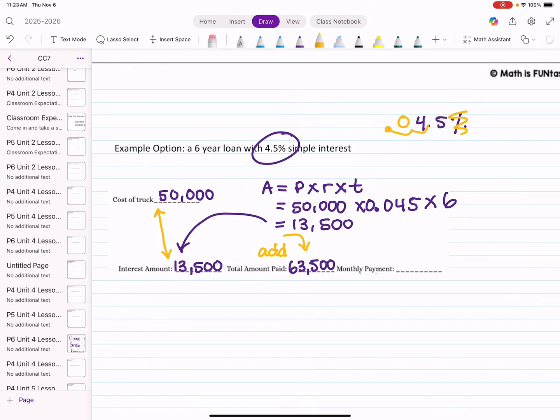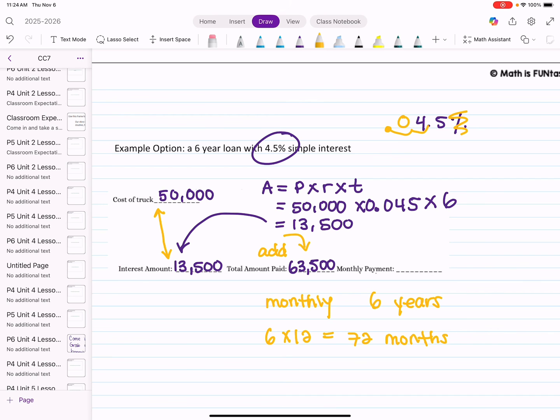To find the monthly payment, I first have to find out, well, how much time? So they told me 6 years. But since we're talking about months, I need to figure out how many months are in 6 years. So I have to do 6 times 12. If I do 6 times 12, I get 72 months.